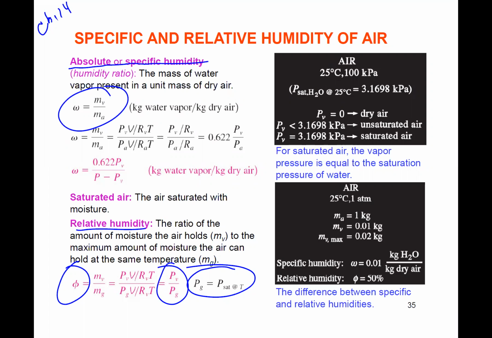If you're changing dry bulb temperature, you're changing relative humidity. Okay. The specific humidity, if you're just adding heat or removing heat, you're not necessarily changing specific humidity unless you cool down and hit the 100% relative humidity.